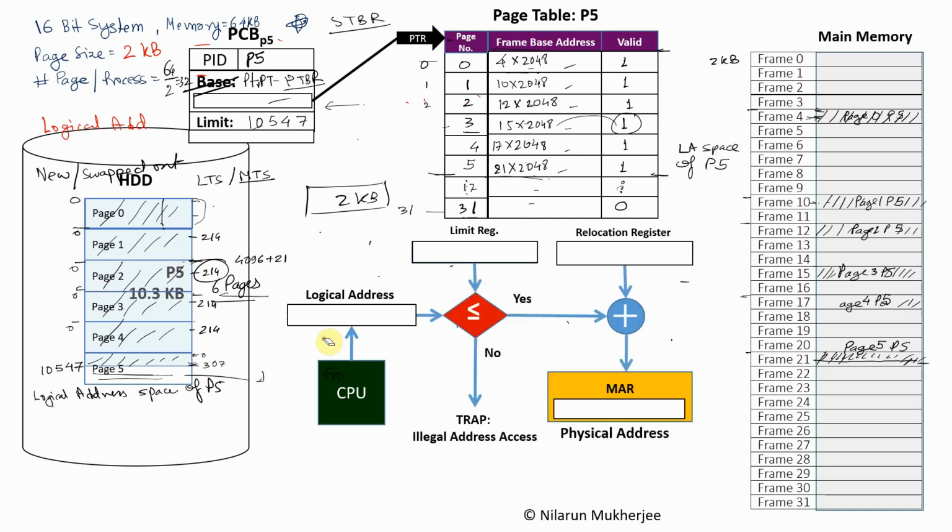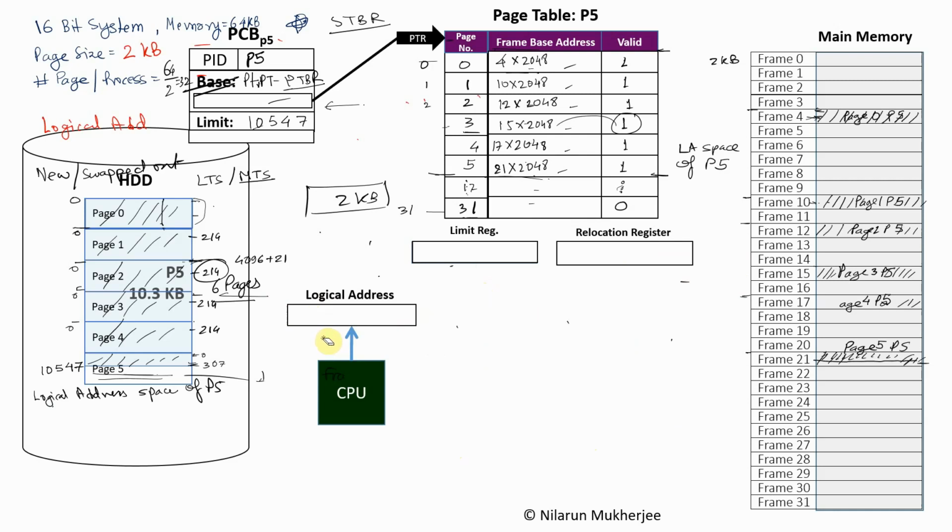So the scheme is the same here. The CPU generates the address which is divided into two parts, page number and offset.